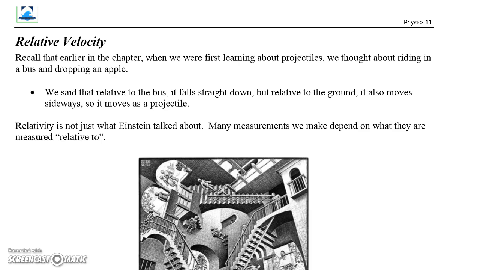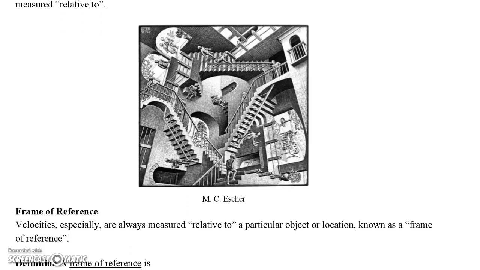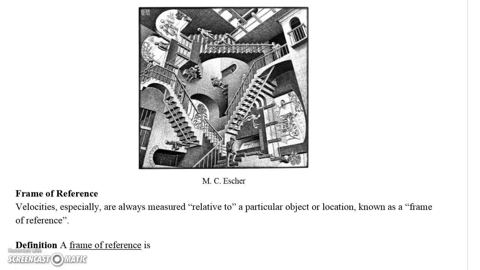That's what it means to be in relativity, which is just like this picture, and M.C. Escher is quite famous for these types of things where, depending on how you look at it, what you see is very, very different. You might have also seen the young and old lady photo. Same type of thing where things are relative to what you see.